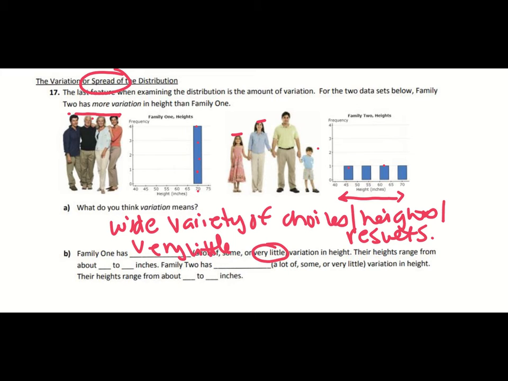Their heights range from probably maybe 69 to maybe 71 inches. And family 2 has a lot of variation in height, and they range from maybe about 44 inches to probably about 71 inches.